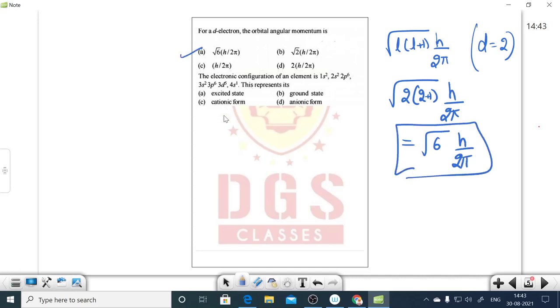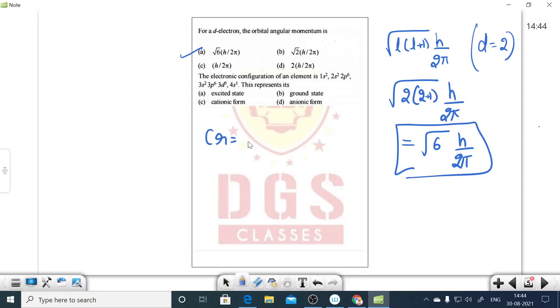Now the electronic configuration of an element is 1s2, 2s2, 2p6, 3s2, 3p6, 3d5, 4s1. Okay. So it is quite evident that this is the electronic configuration of chromium. What you generally believe is that these are exceptional electronic configurations, but there is no exception in this. And why is it so? We know that everything in chemistry is related to going from a less stable state to a more stable state.